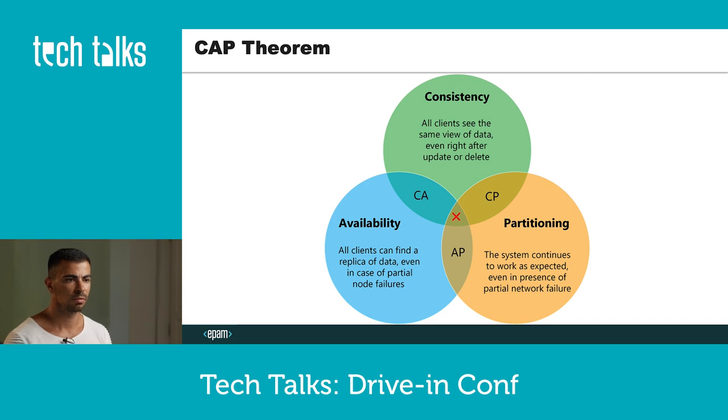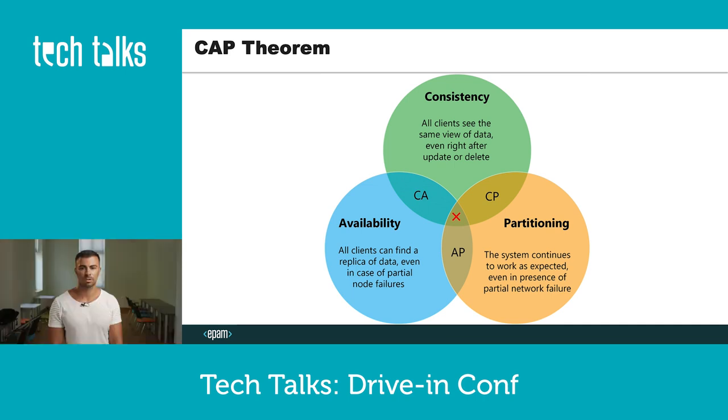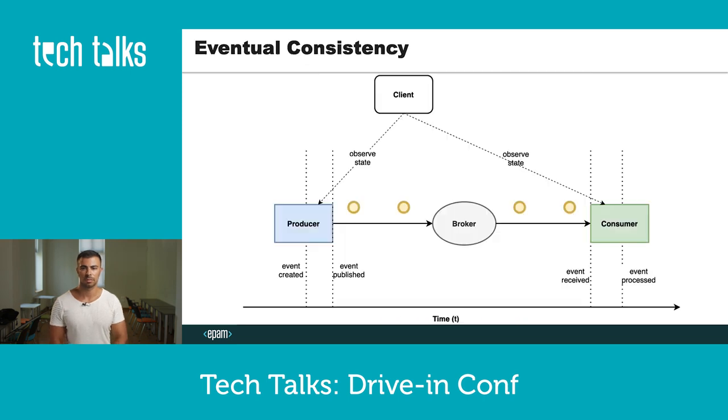And in event-driven systems, we usually tend to build systems that are eventually consistent, but offer much higher availability, meaning that the software can function even if not working on the latest information.